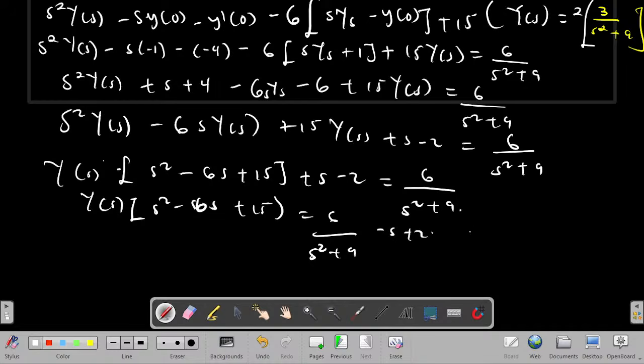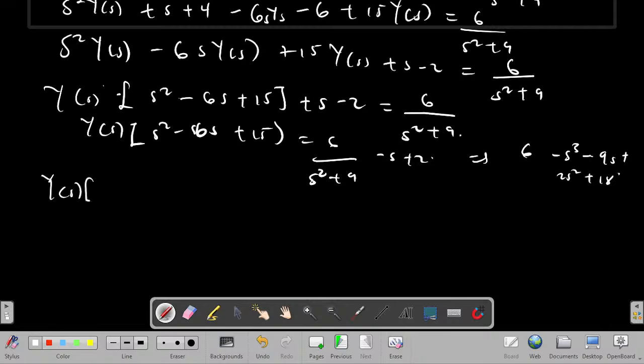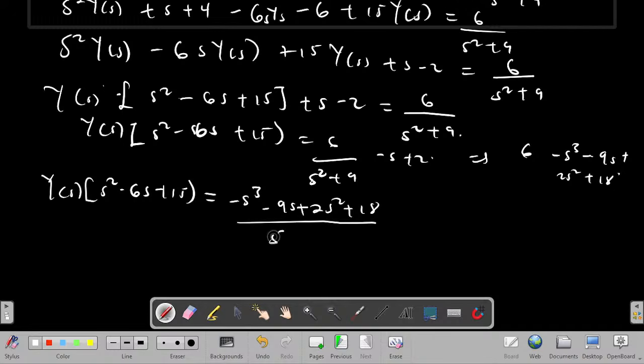Solving this part alone, I'm going to get something like 6 minus s cubed minus 9s plus 2s squared plus 18. So I have Y of s multiplying s squared minus 6s plus 15 is equal to negative s cubed minus 9s plus 2s squared plus 18, everything over s squared plus 9, right?